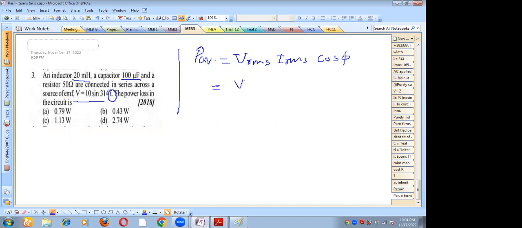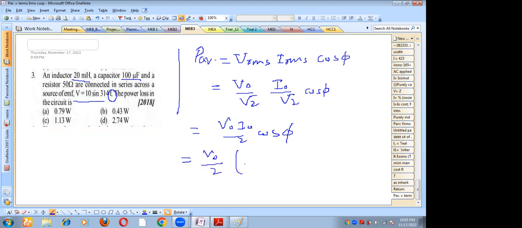V RMS is V naught by root 2. I RMS will be I naught by root 2, cos phi. Not I naught by 2 cos phi. What is I naught?